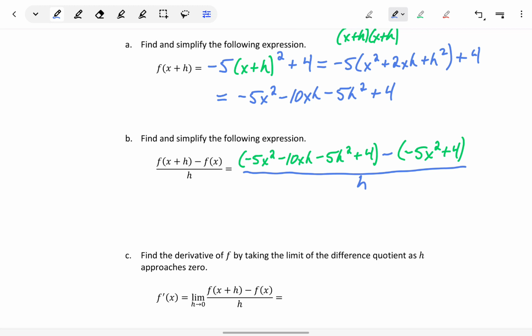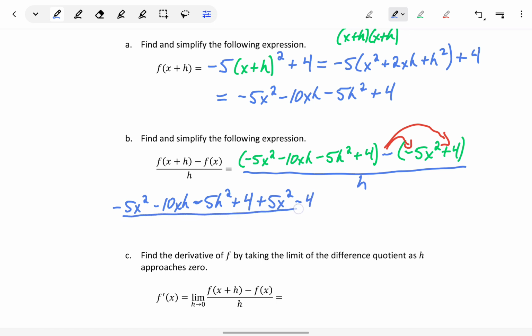Substituting in with those parentheses should again help us catch that this negative is going to distribute to both of those terms. Once we distribute the negative through, we'll get plus 5x squared minus 4, all over h.